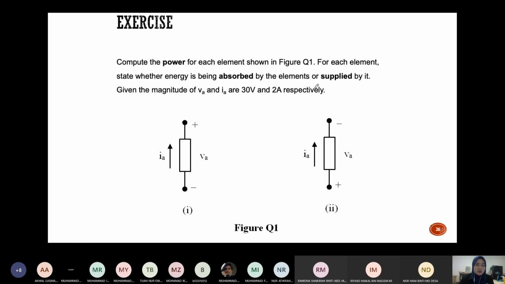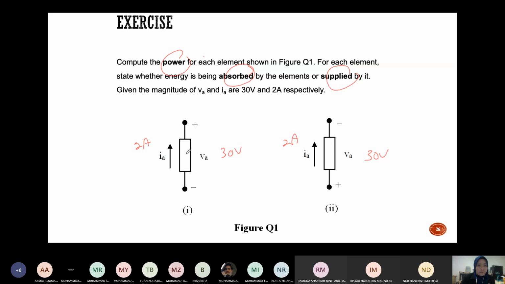Over here, VA is 30 volt, IA is 2 ampere. This is also the same. The question asks you to state whether it is absorbed or supplied and then calculate the power.